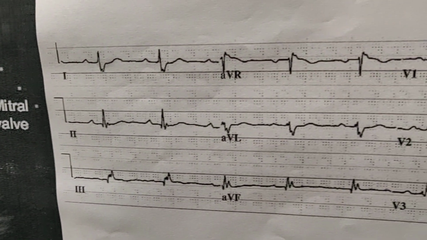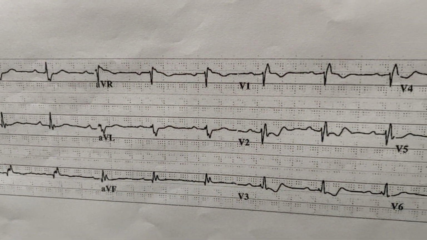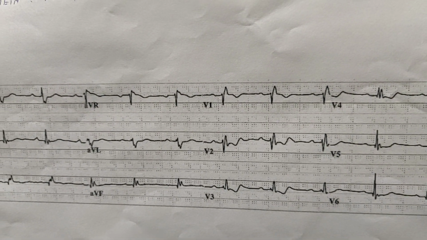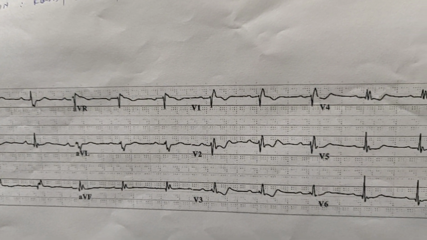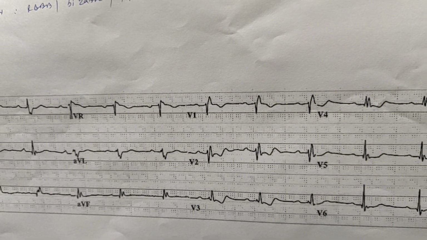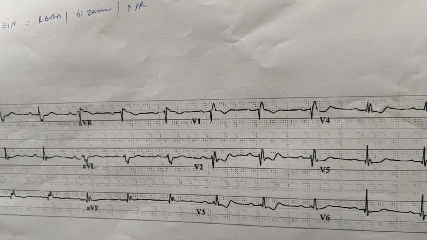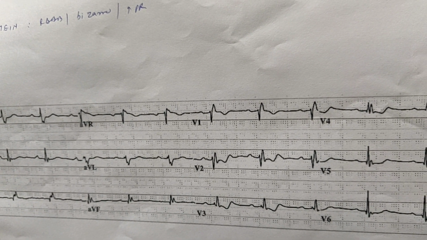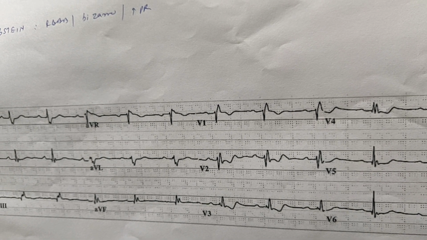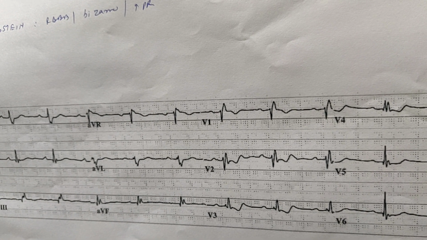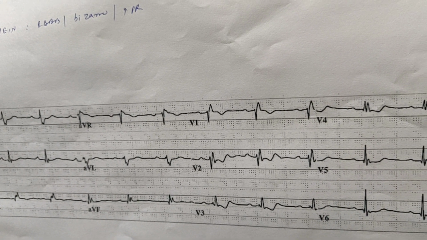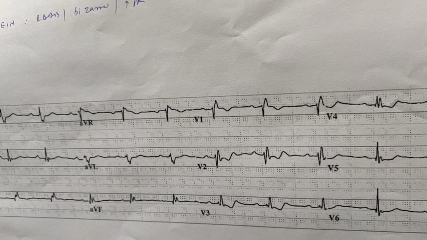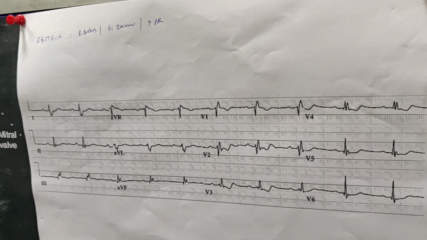The ECG is likely to show a right axis deviation, a right bundle branch block kind of pattern. There will be tall P waves suggesting right atrial enlargement. Sometimes they are so tall that they are called Himalayan P waves. And then there will be first degree AV block, because the right atrium is so huge that the conduction time through the right atrium will increase, thereby prolonging the PR interval.